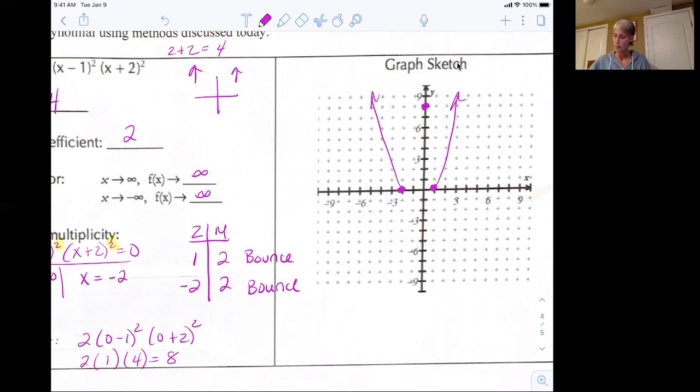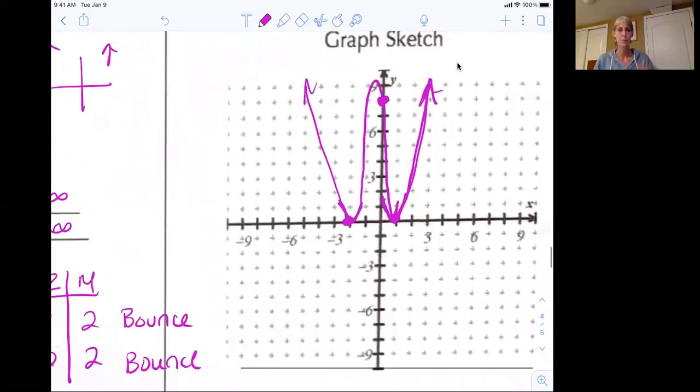Now, at each 0, my graph is going to bounce, so it's going to turn around. So if I'm thinking about what's going to happen in between, think about this. Your graph is going to go up and then come down again until you get to the next 0. And that's what your picture looks like.